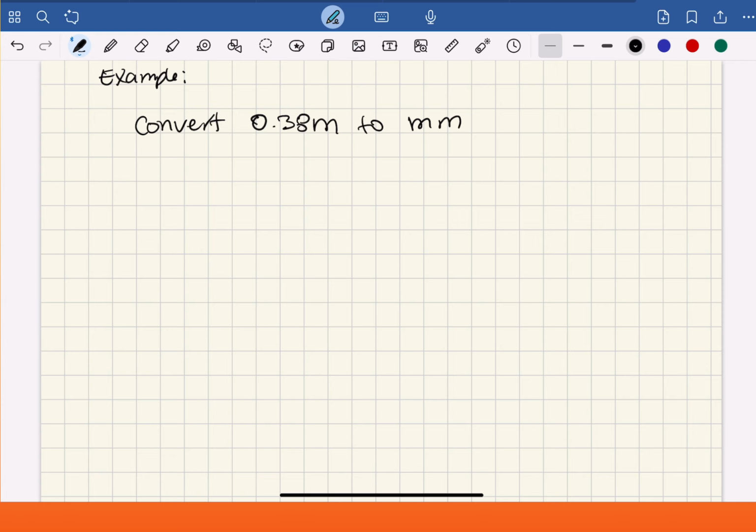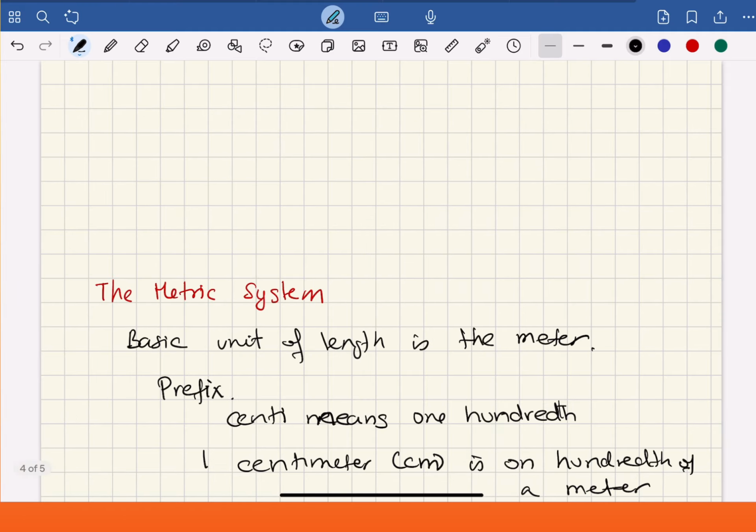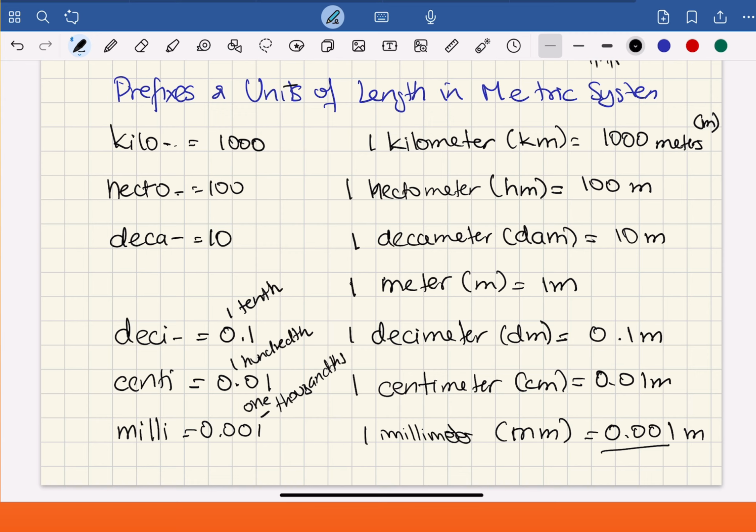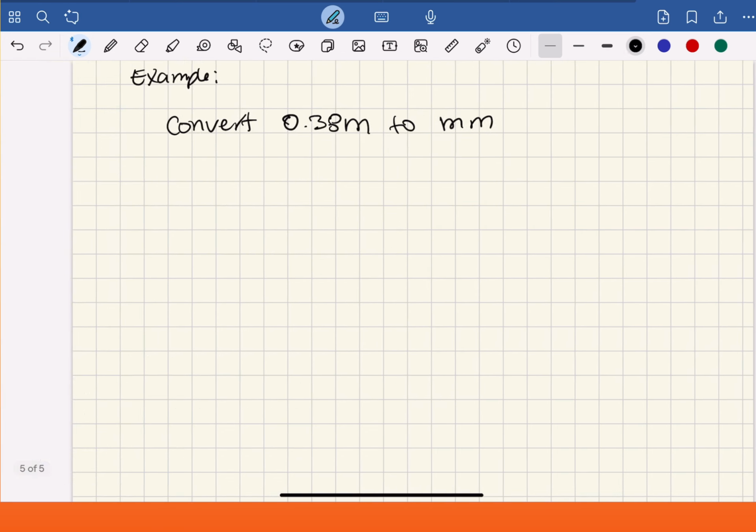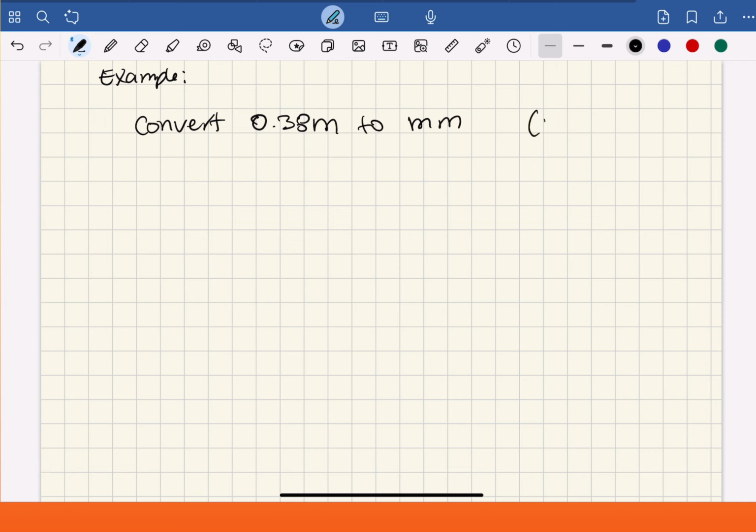If you remember the conversion factor, there are different ways that you can look at it, but here 1 millimeter is 0.001 meters, so that can be a conversion factor, that 1 millimeter is equal to 0.001 meters.